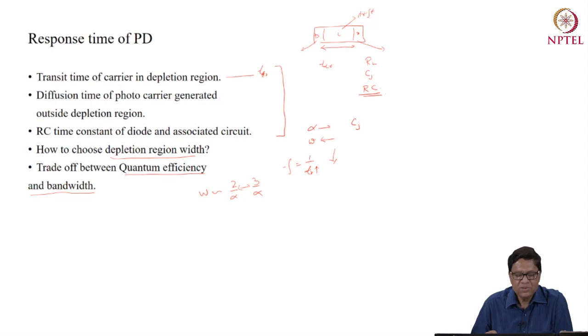That is the ideal value to cap. So you get a good compromise between the quantum efficiency and bandwidth.